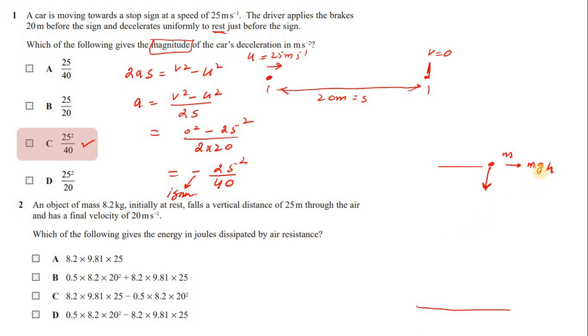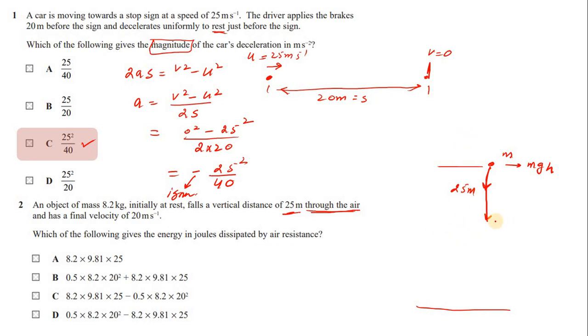Ideally, loss in GPE equals gain in kinetic energy, but here the object is falling through air, so some energy is dissipated. If the object has fallen 25 meters, that means some gravitational potential energy has decreased and some kinetic energy has increased, and the difference between these two will be the loss of energy.